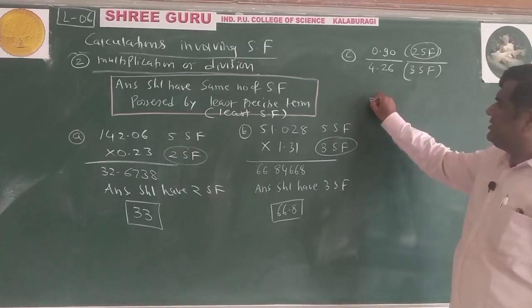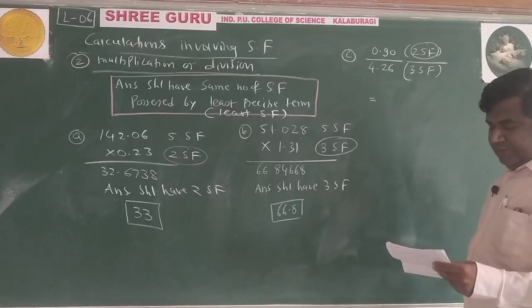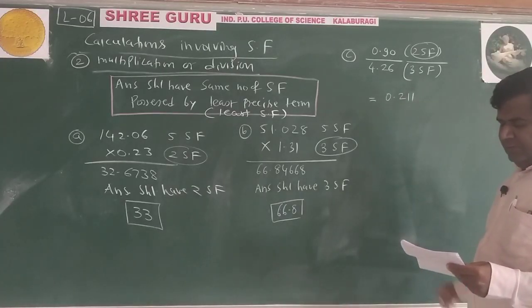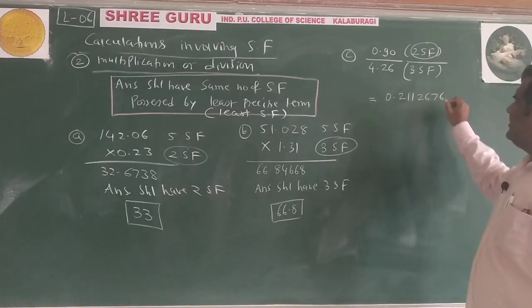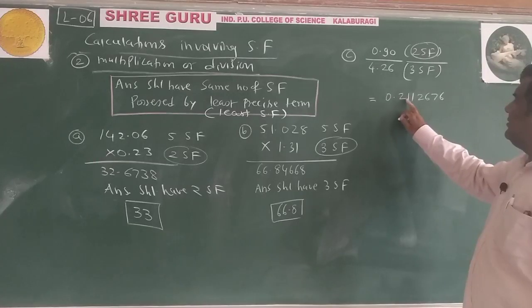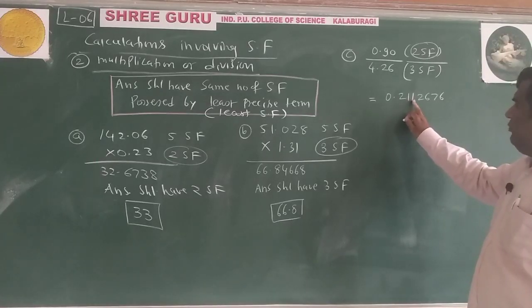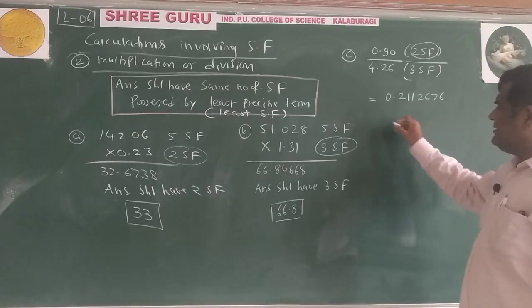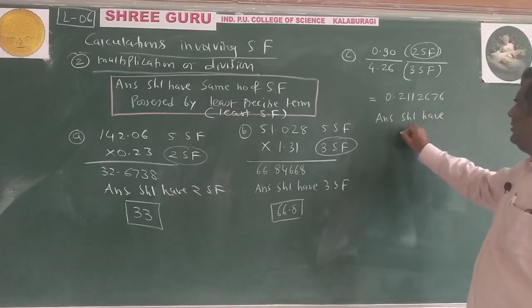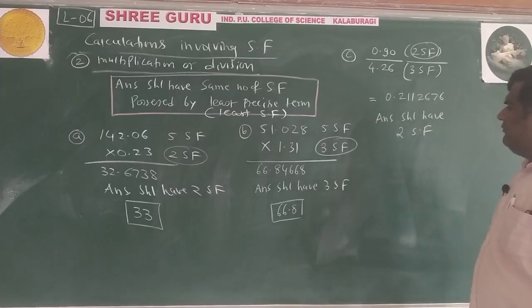First we'll do the division itself. The division is 0.2112676. It should be reported only to 2 significant figures. It means 2 1 should be retained, 1 is dropped, we can drop it as it is. Answer should have two significant figures.